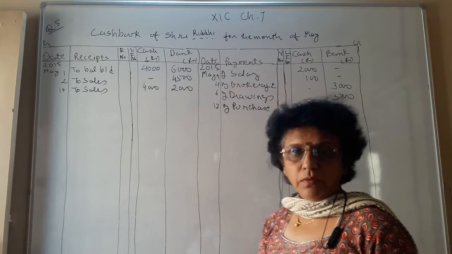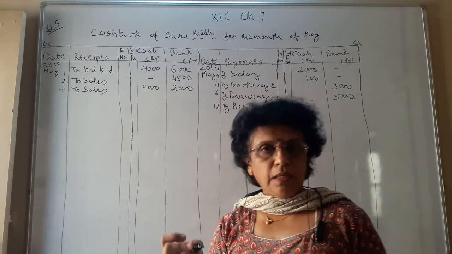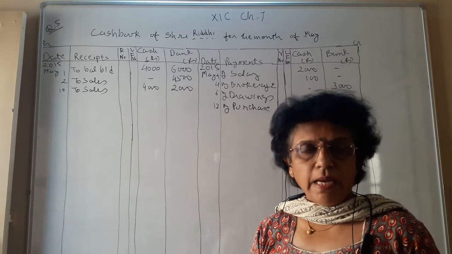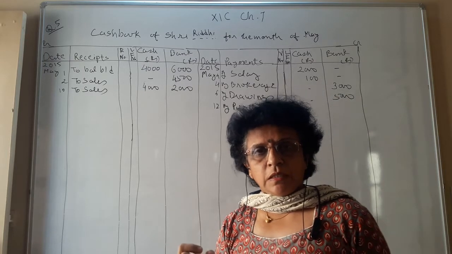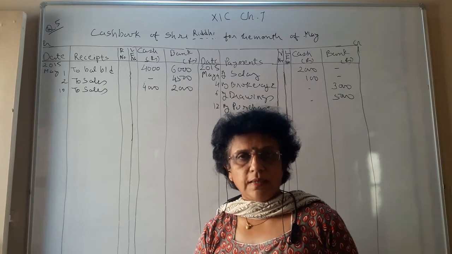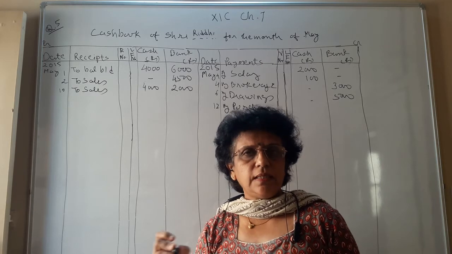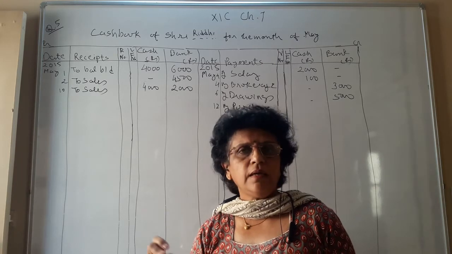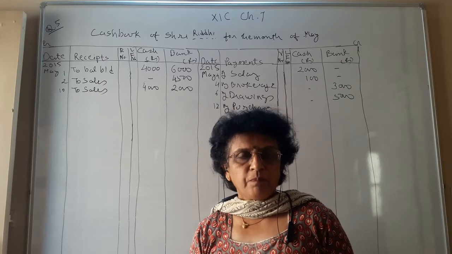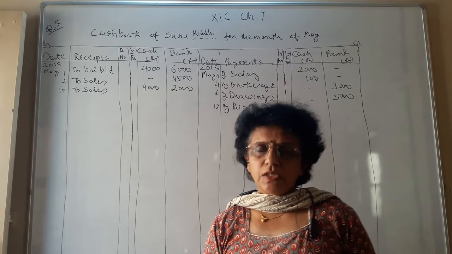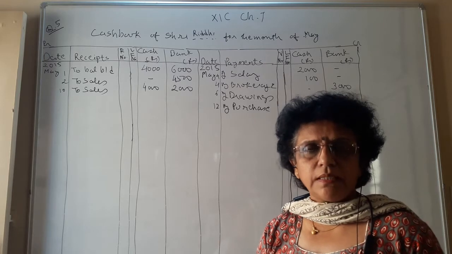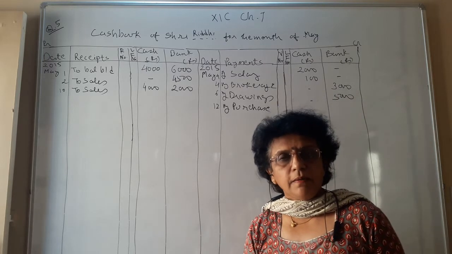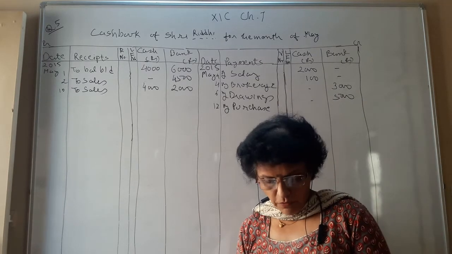When you have the bank column, payment is always recorded in the bank column when you pay by check. But in case of receipt of a check, you have to see if the check is deposited into bank, then only it is recorded in the bank column. If not, then initially we treat it as cash, and when the check is deposited, we do the contra entry as if cash is going out of the business.